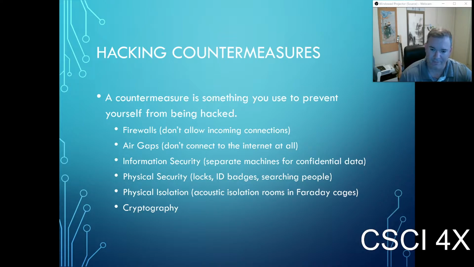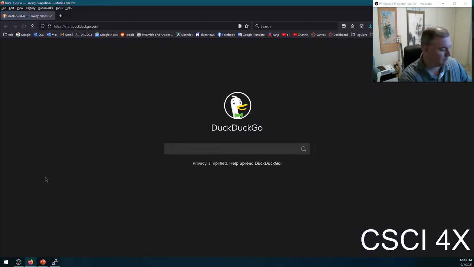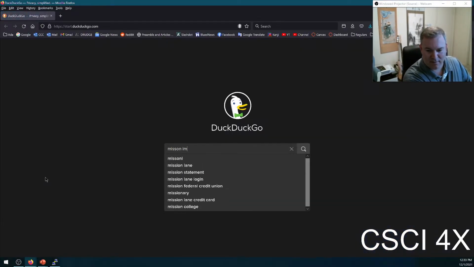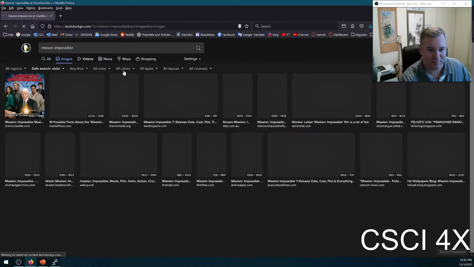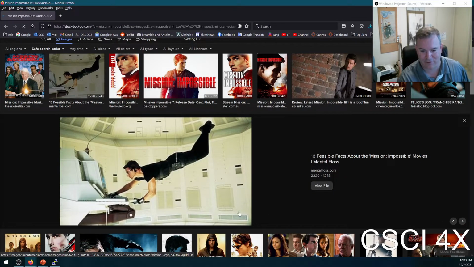All right, so yeah, air gaps are when you have no network access, especially to the internet. Have you ever seen Mission Impossible when the guy's hanging from the cable? That famous shot there. So this is an air-gapped computer. This computer has a record of all the secret agents in MI6 or whatever it's called, and they have weight sensors on the floor, so that if somebody walks in, an alarm goes off.